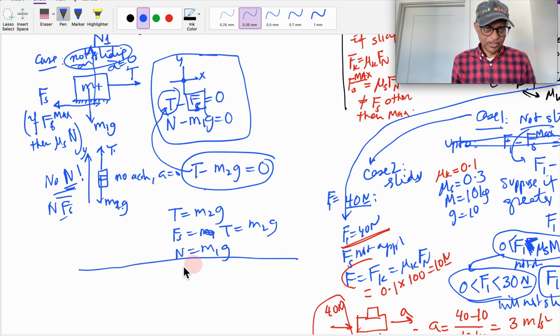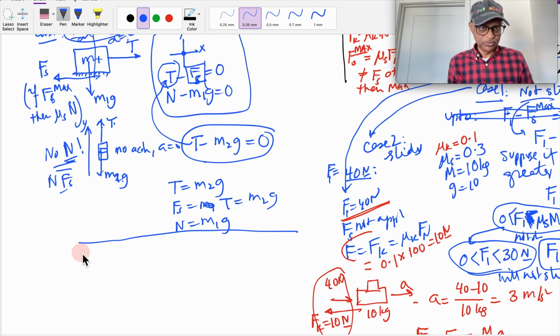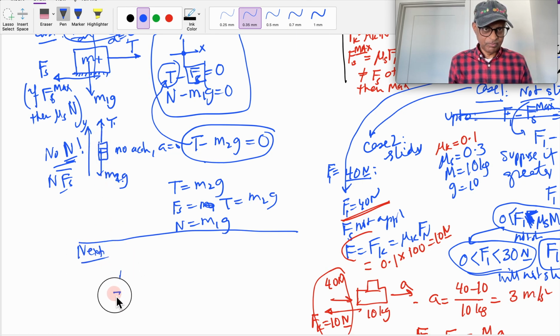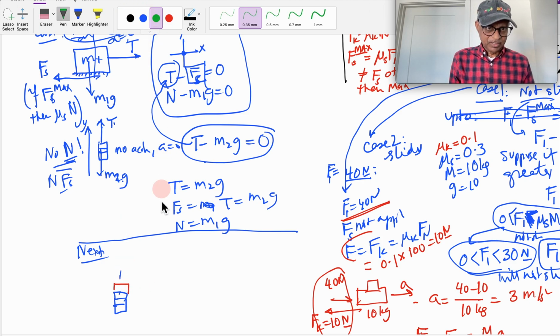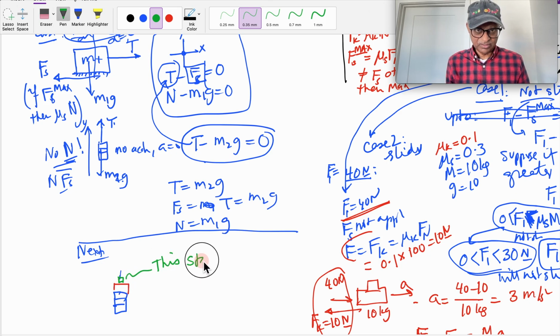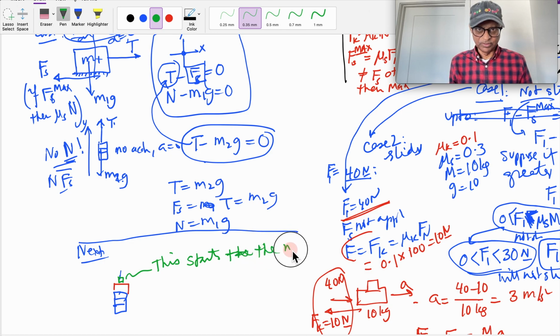Now you keep adding. So case 2. Next, what you can do is keep adding more and more. You had this much, it didn't move, and if you put a little bit more, it still doesn't move. But at some point you put in a little bit more and it starts to slide. This starts the motion.